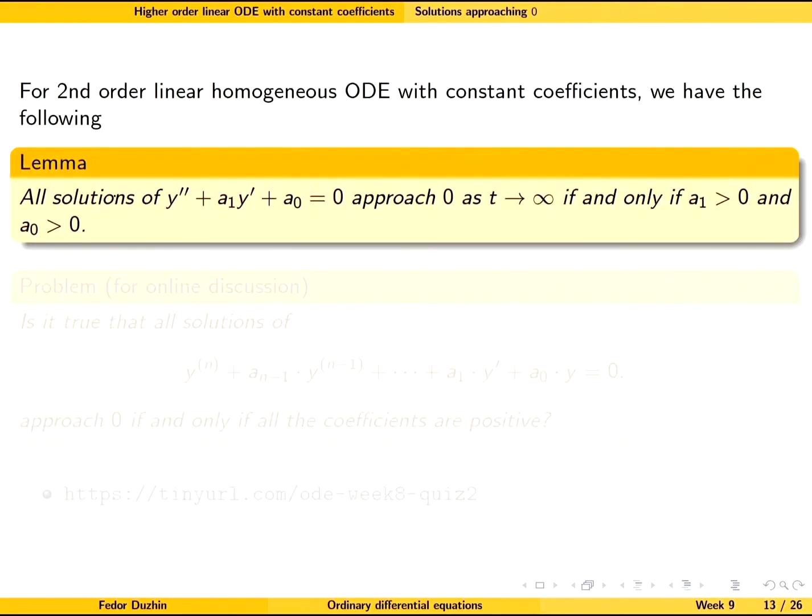All right, now one little remark. It is actually a very nice and challenging question, and if you like a bit of a challenge, I suggest that you try to solve it. Recall that for second order linear homogeneous ordinary differential equations with constant coefficients, we have this lemma that all solutions approach zero if and only if both coefficients are positive.